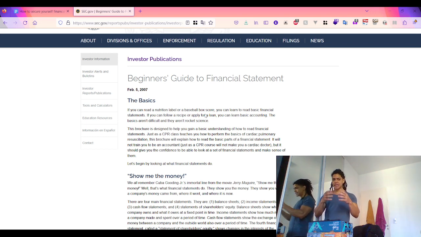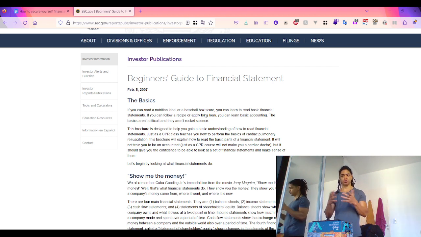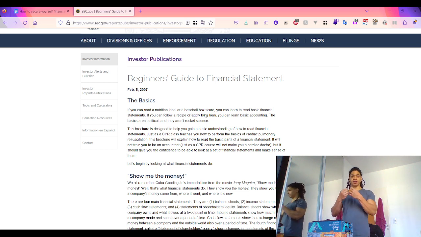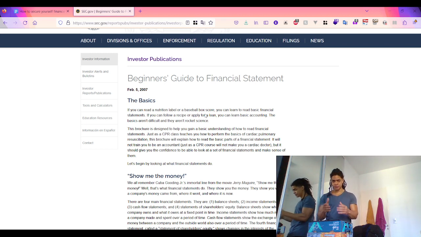So the TLDR of the balance sheet is that it is a snapshot of the company's assets, liabilities, and shareholders' equity, where an asset is anything that a company has that has value, whether it's intangible or tangible.